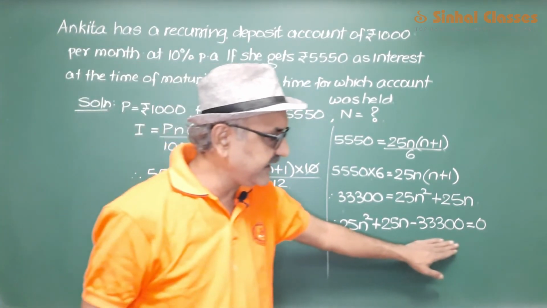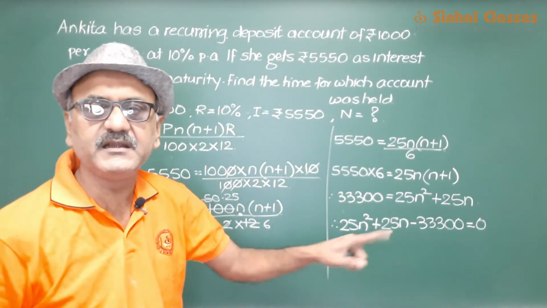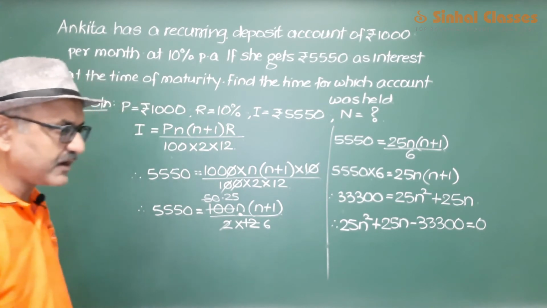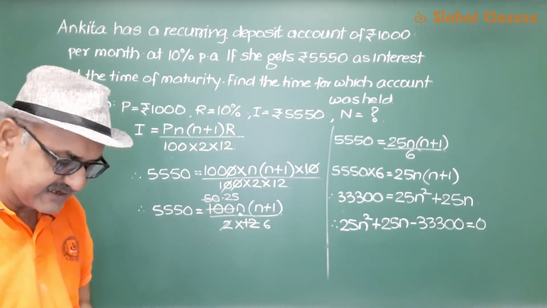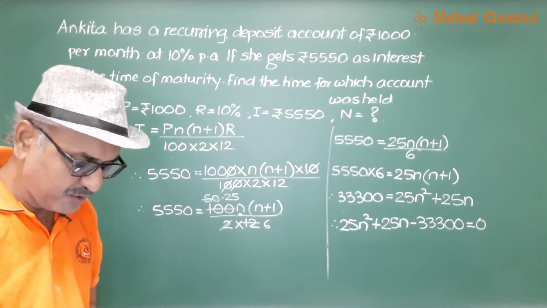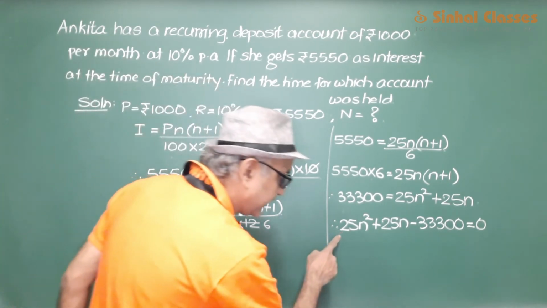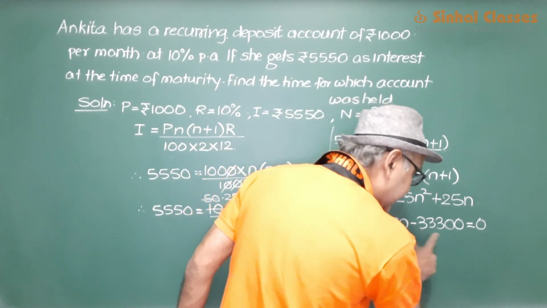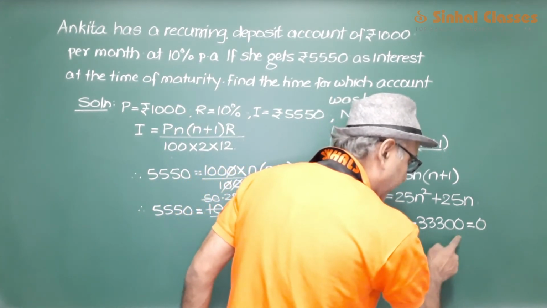Now this quadratic equation is to be solved by splitting the middle term. The first thing we will do is, when you look at this quadratic equation, you realize there is this number 25 which is common to all: 25 n square, 25 n, and this is also a multiple of 25.